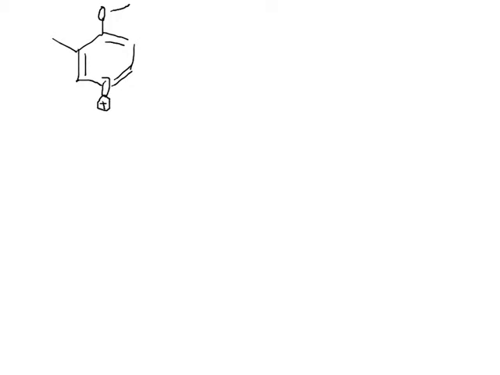Good. So let's see if we can draw some resonance structures. The first thing I would do is take these 2 pi electrons and give them to the oxygen. So where's there going to be a plus charge now?